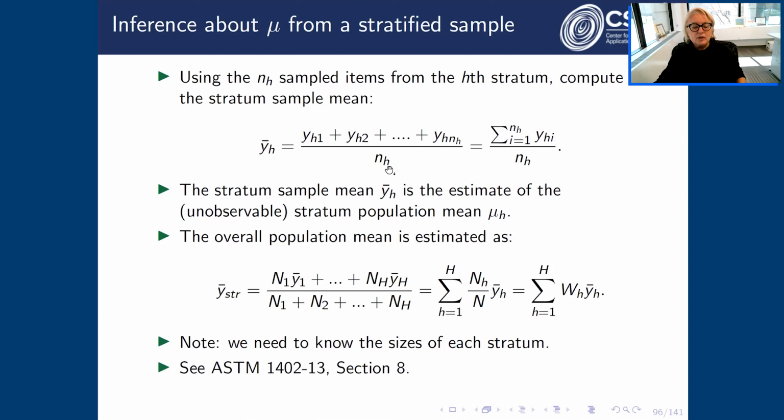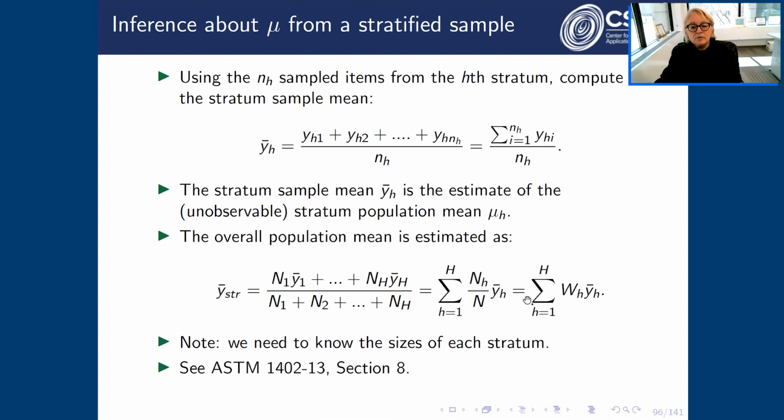And so the stratum sample mean y bar here is an estimate of the population mean for that particular stratum. So everything that we just said for simple random sampling applies here within a stratum, assuming that you're doing simple random sampling within strata.